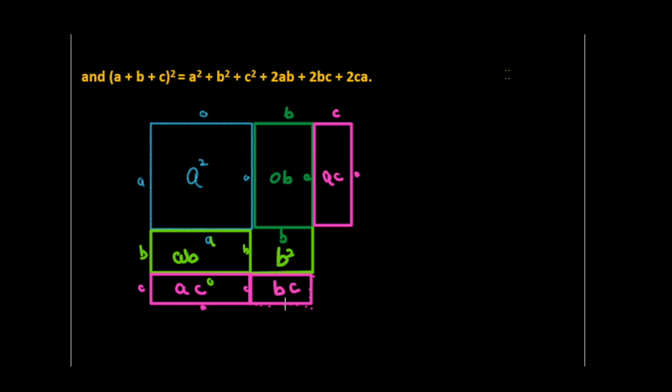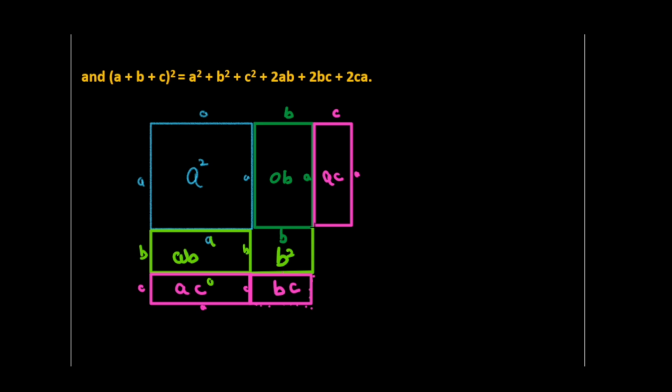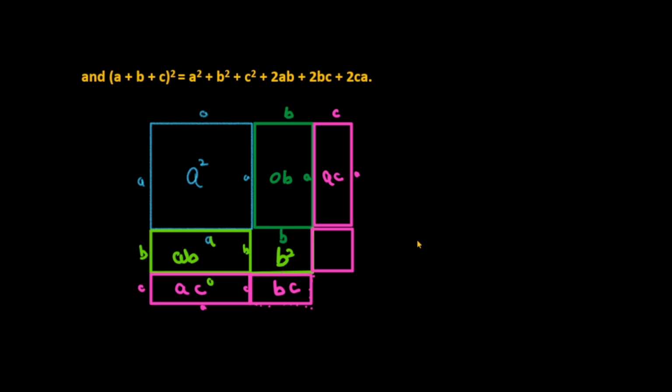Then completing this side with the parallel sides, now here this is C, this is B. So a rectangle of sides C and B, occupied space BC.